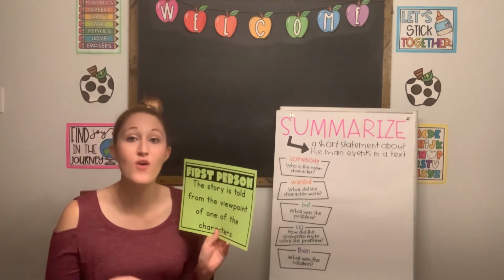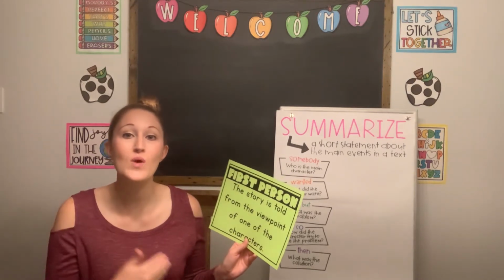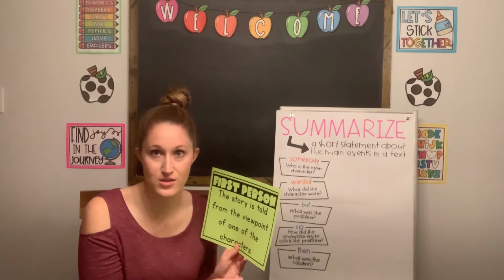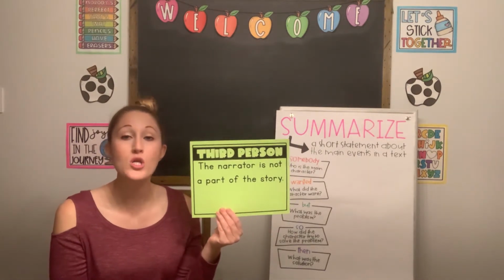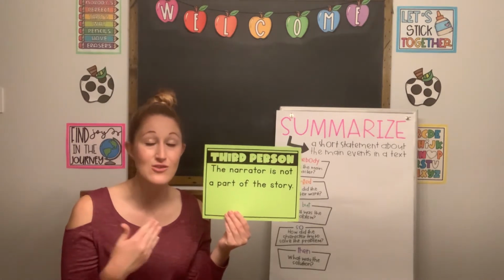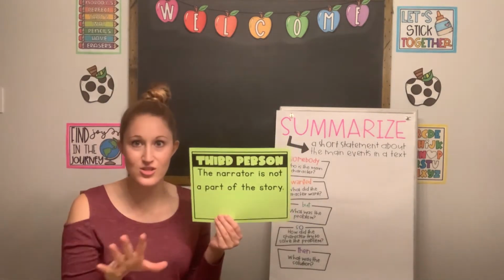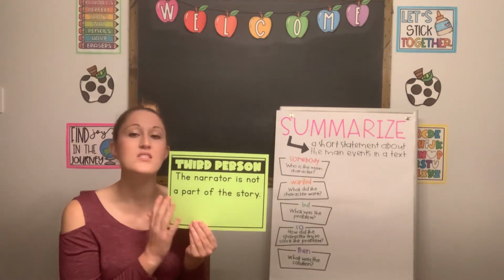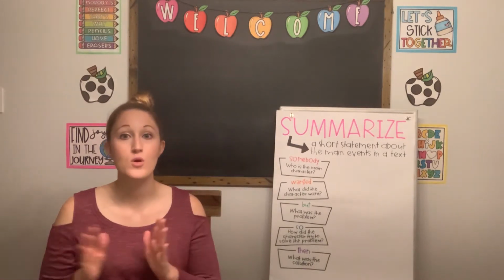Someone who is involved in the main events. I did this, we did this. That's showing that I'm a part of what's going on. Whereas when we have third person, we're looking for words like he, she, they. That's talking about other characters in the book that I have no part in, right? So this is somebody who's not a part of that. So those keywords can help us.